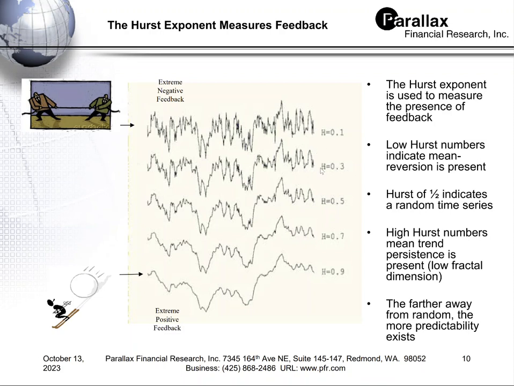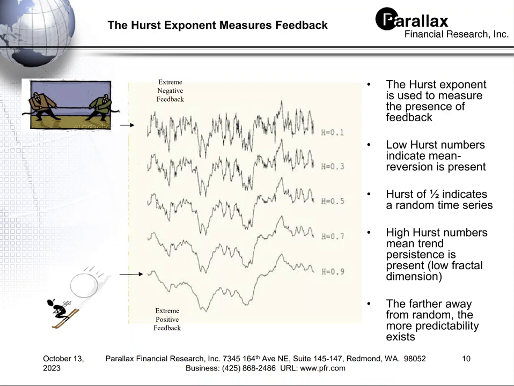And as you move up in Hurst numbers, when you get to 0.5, this series here is a random series. And what I like to say about this is that if you have a price series that's random, there isn't any measurement you can make of a random series that will tell you what's going to happen next. So the predictability of this H equals 0.5 series is 0. You can't predict anything from measuring it.